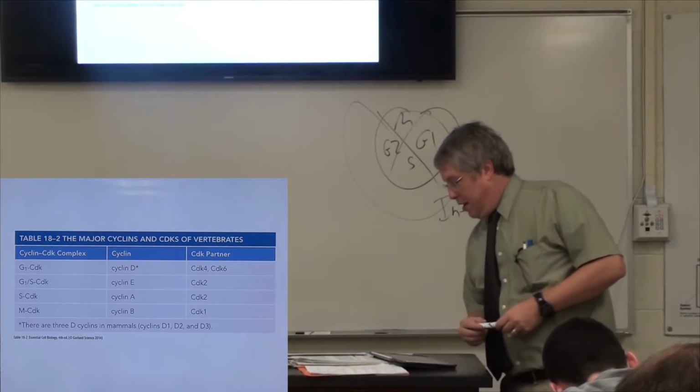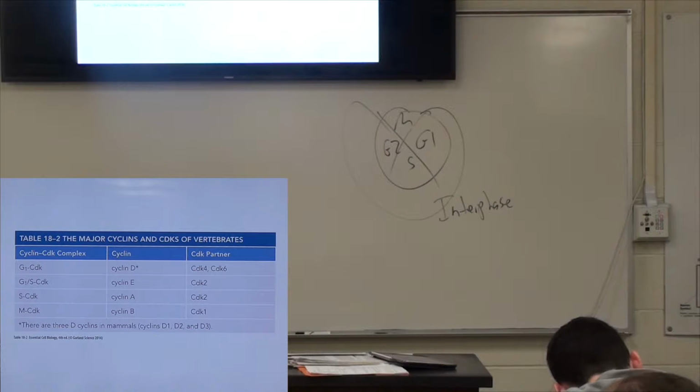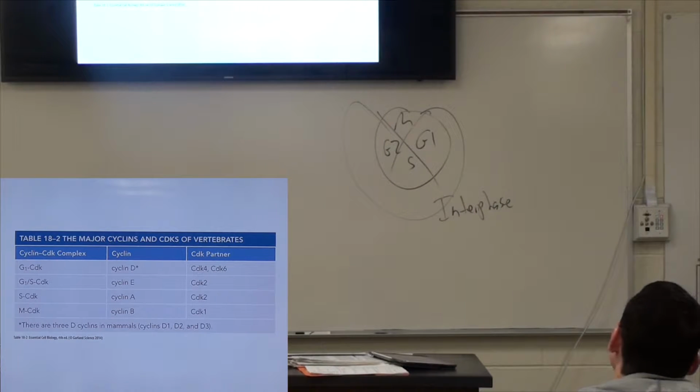So this is just a vertebrate chart here. Don't memorize all this, but it shows there's different cyclin-dependent kinases. There's kind of one that drives the cell into S phase, one to drive the cell into M phase, one to go from G1 to S, sort of, and different cyclin partners.